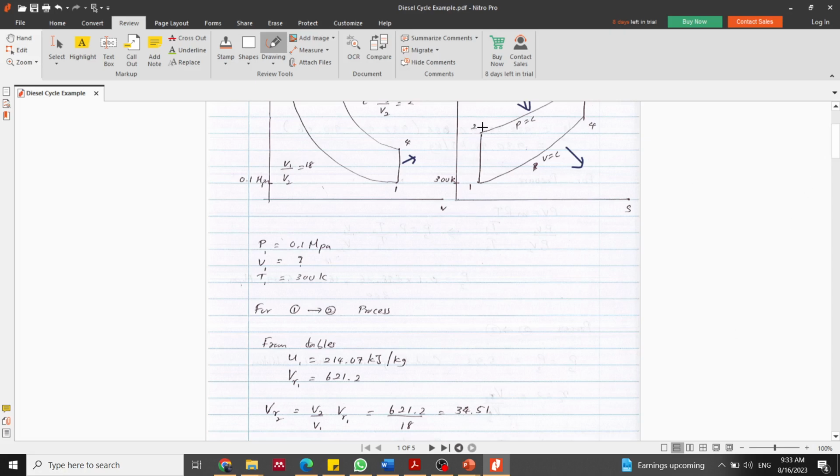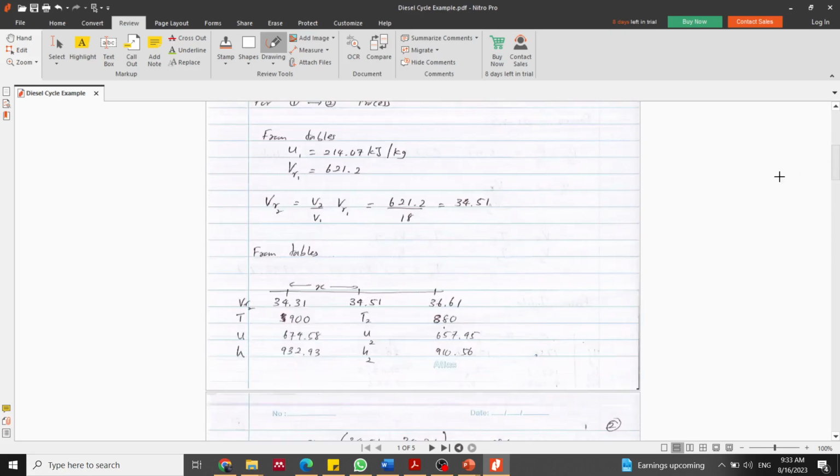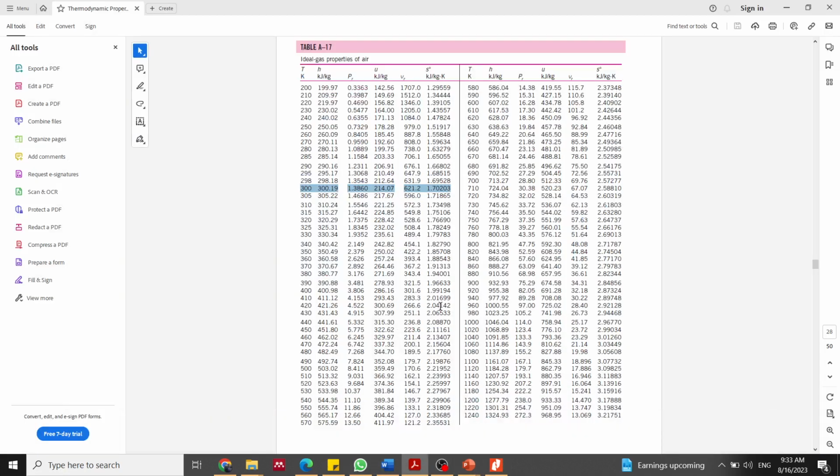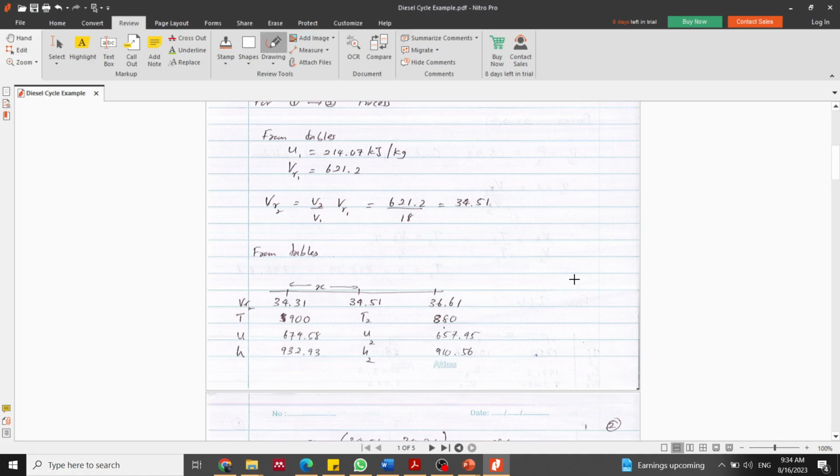That means the relative specific volume at point 2 is 34.51. Then we can refer to the table to figure out where this point is, looking at the vr line, and we get somewhere around 34.51.